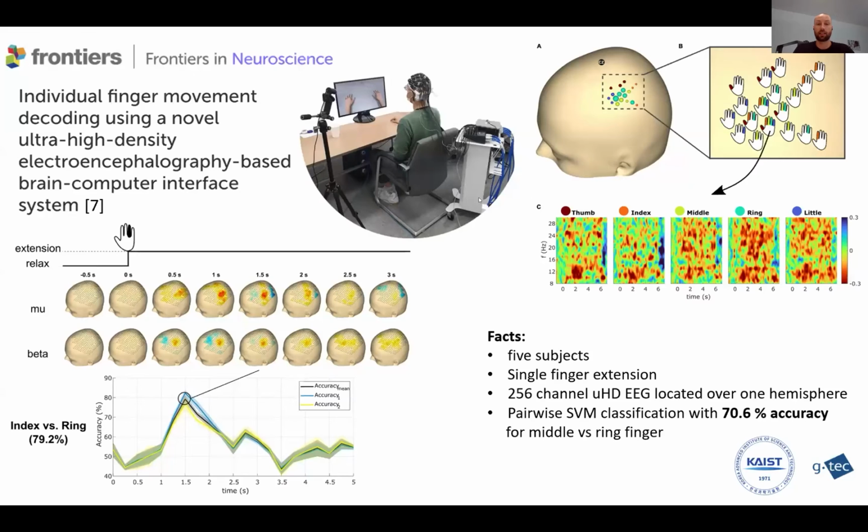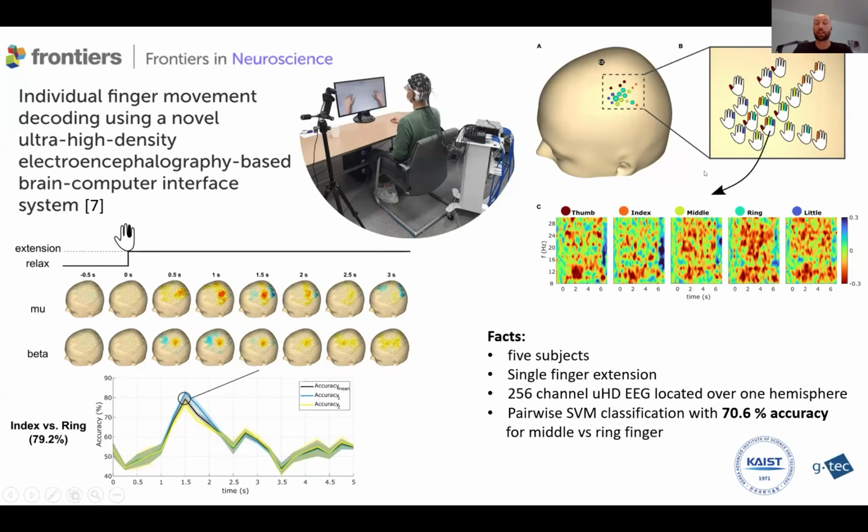And lastly, the two biggest projects we did, so we measured again with this individual finger movement, 5 subjects, and you can see here also the topographies and with the timing, as you've seen before, and with the accuracy. And for the index versus ring pair, we get here 79.2% accuracy for this classification pair.